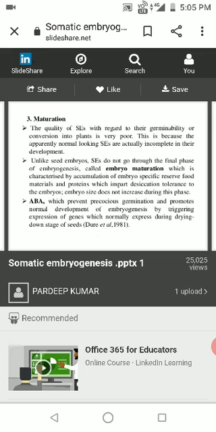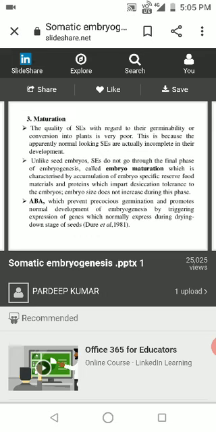The quality of somatic embryos with regard to their germination or conversion into plants is very poor. This is because the apparently normal looking somatic embryos are actually incomplete in their development. So the normal somatic embryos that we look at are not fully developed, hence their germination and conversion to plants is very low.